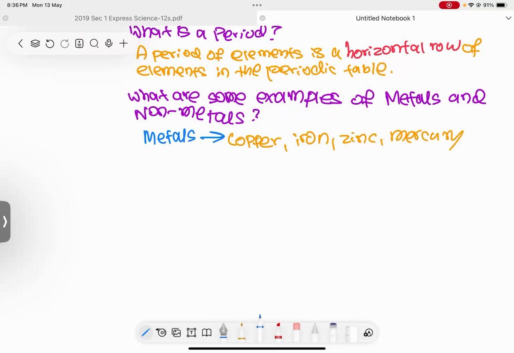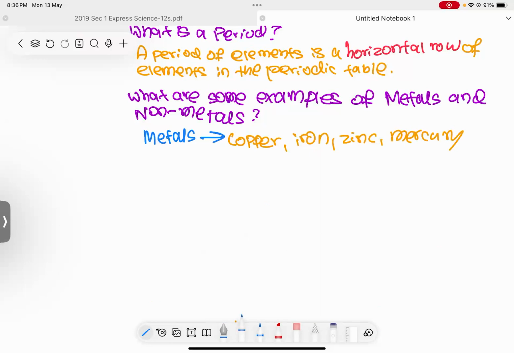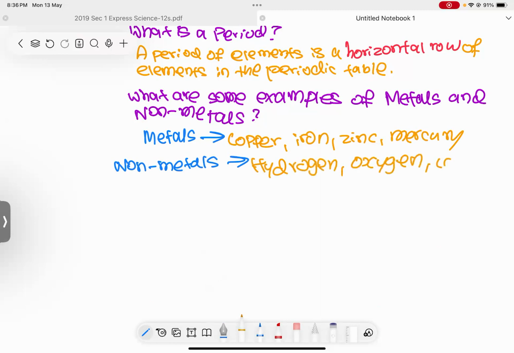And examples of non-metals are hydrogen, oxygen, and carbon.